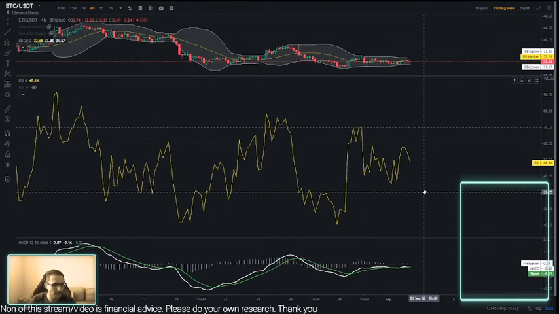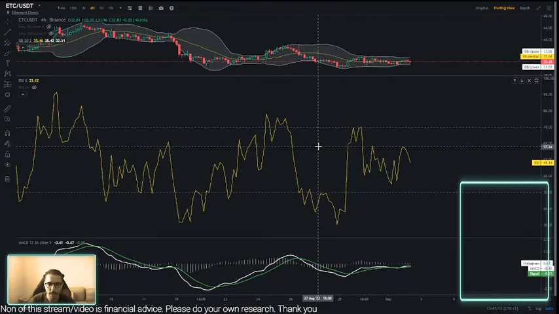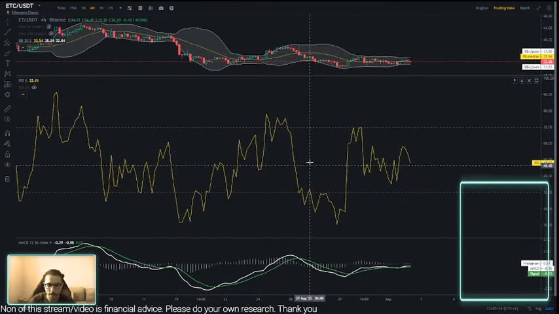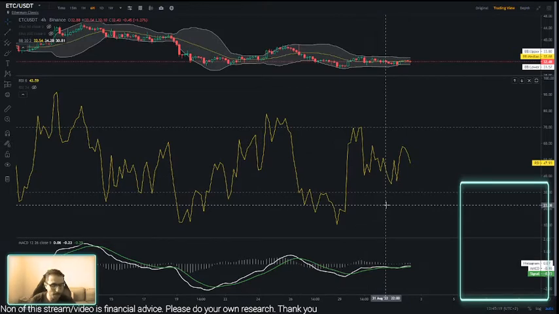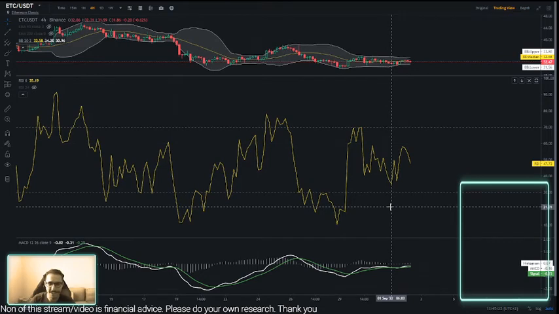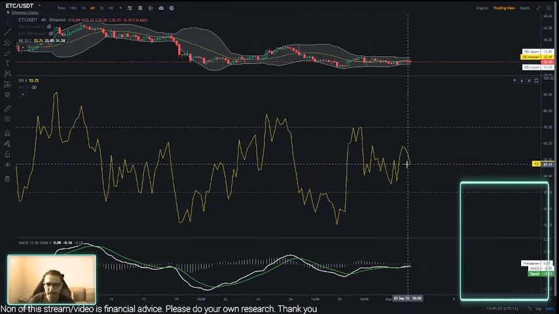So if you guys have an idea whether we can find resistance and support in RSI, if this is a good thing, please tell me. If it's not a good thing, please tell me too, so I can improve myself.